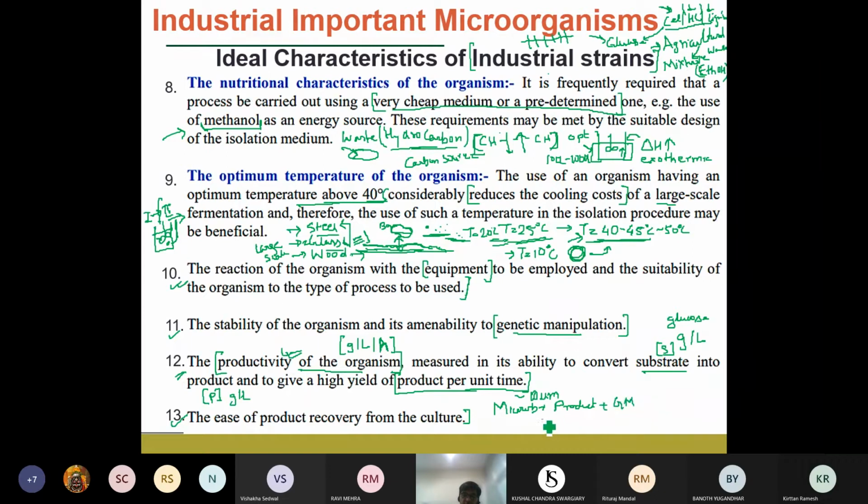So you can just do a simple filtration and separate it out. But if some other bioproducts are produced, then different strategies need to be used so that these components are removed.